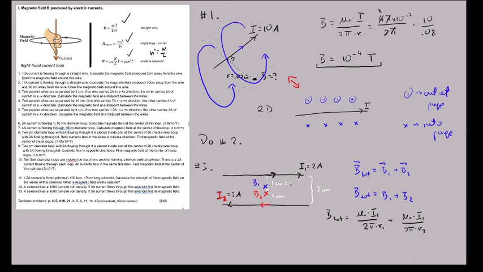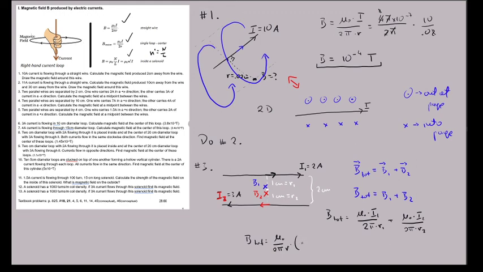But R1 and R2 are both the same. So I can write that the total magnetic field is equal to mu naught divided by 2 pi R, times I1 plus I2.